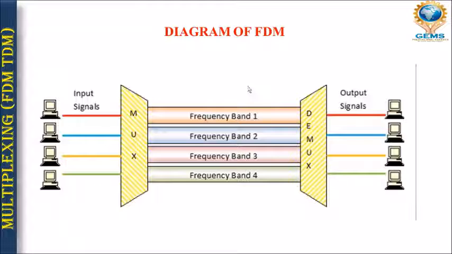These different frequency bands are logical, not physical, right? That means these frequencies are not overlapping with each other. This is frequency band 1, this is frequency band 2, 3 and 4. Whatever input signal we give, the same output signal is received at the receiving end.